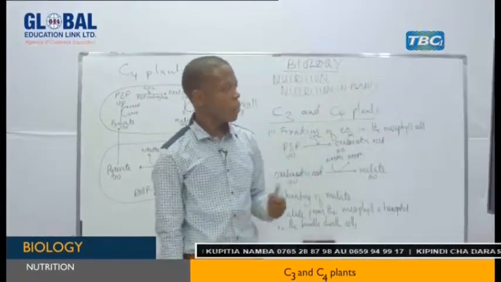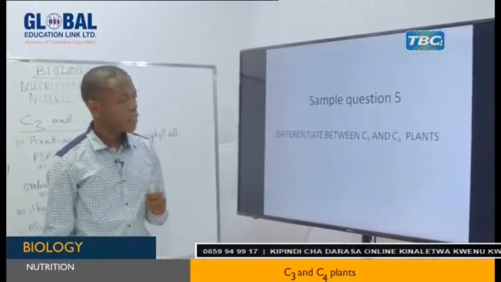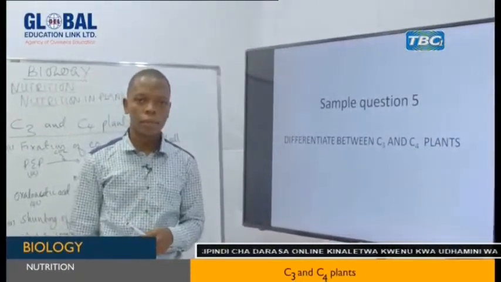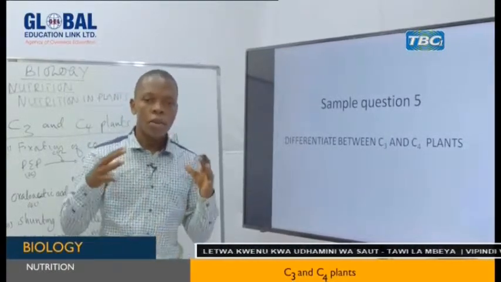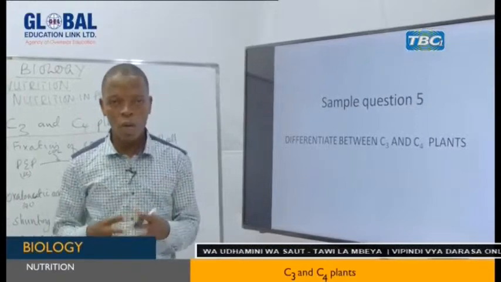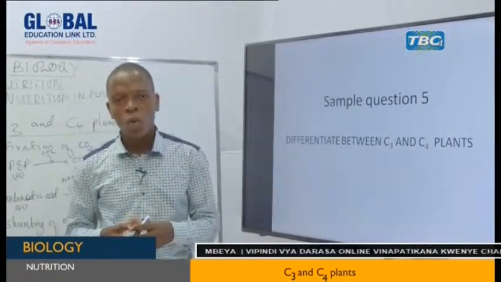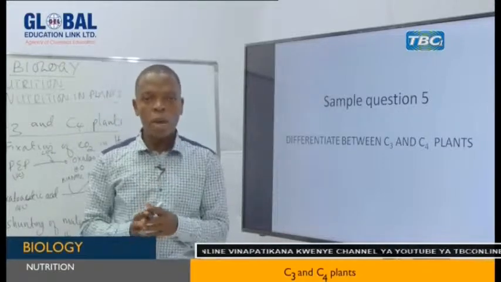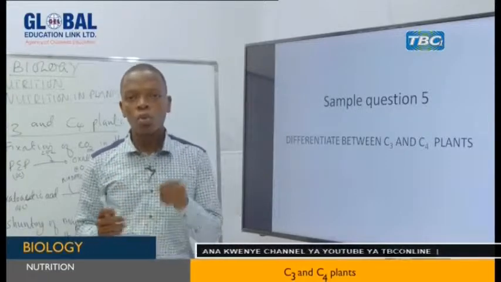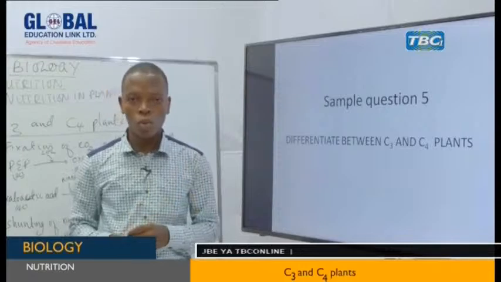The sample question number 5 reads: differentiate between C3 and C4 plants. Students, as I told you, in different subjects we have different ways of answering questions. In biology, when you are asked to differentiate between A and B, what you are supposed to do is to know the criteria for differentiating between the two.